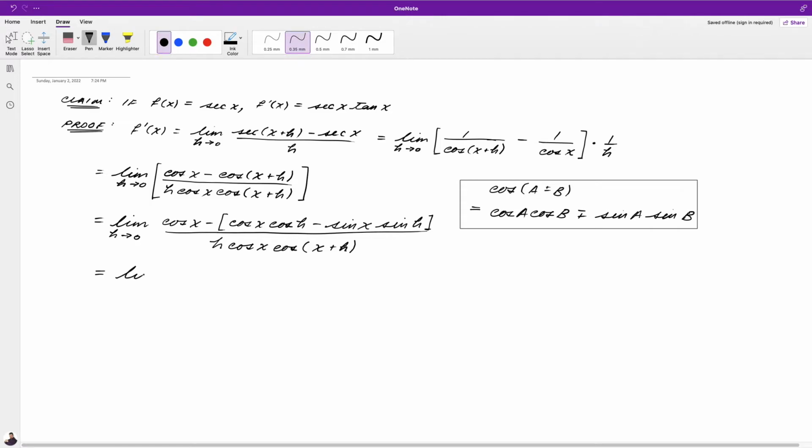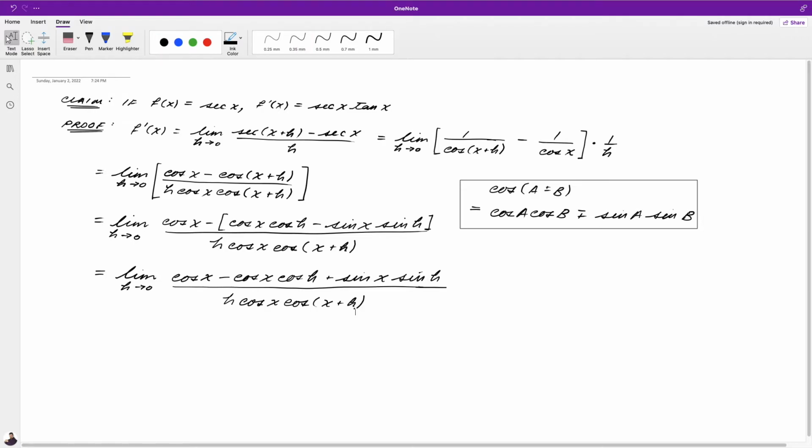So this is going to give us the limit as h trends to 0. We're going to have cosine x minus cosine x cosine h, plus, subtracting a negative, sine x sine h. All of that, of course, divided by h cosine x cosine of x plus h. Good enough. Let's take a look at that. Make sure we haven't committed any careless errors here.